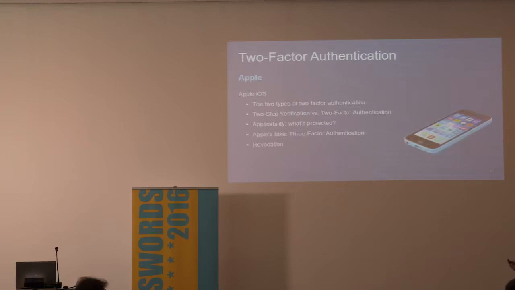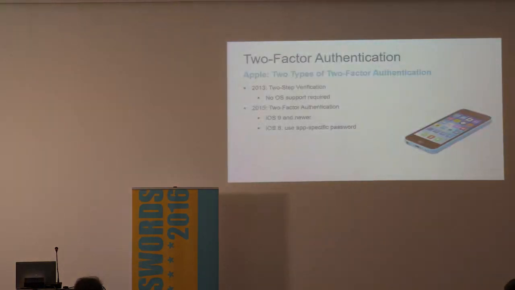There are two distinctly different types of two-factor authentication with Apple. The first type they call two-step verification. It appeared initially in 2013, long before iOS 9 was introduced. In early 2014, there was a major break-in, the so-called Celebgate, where more than 500 celebrities were robbed of their iCloud photos.